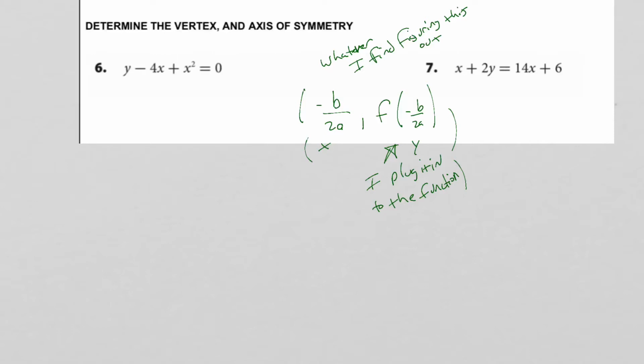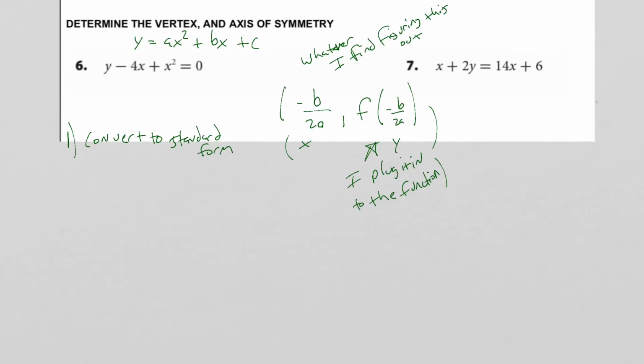So let's give it a shot. First thing I've got to do, step 1, convert to standard form. If I'm looking for y is equal to ax squared plus bx plus c, well, this thing is certainly not in standard form.